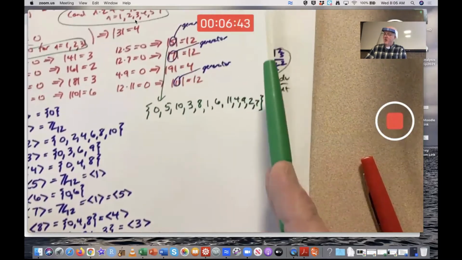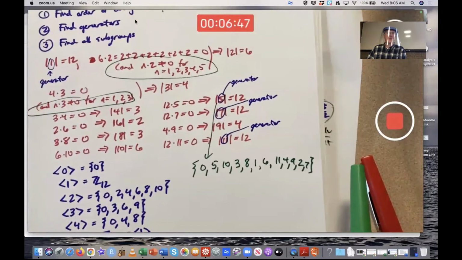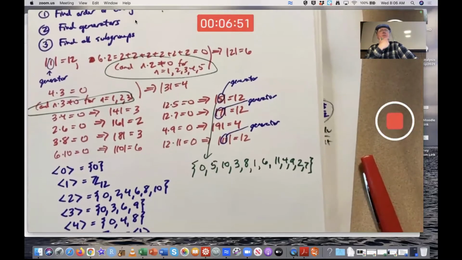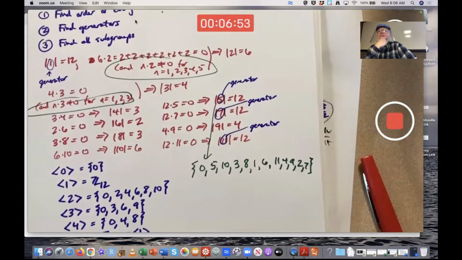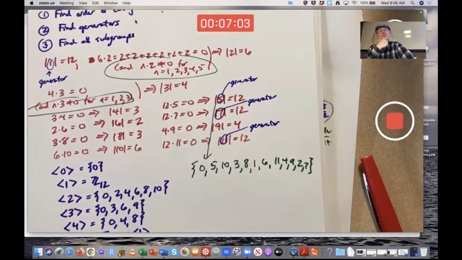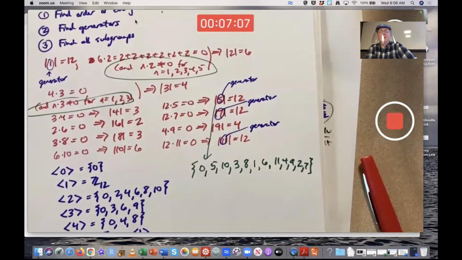The generators are 1, 5, 7, and 11. There's 4 generators. Hey, those are the positive numbers less than 12 that are relatively prime to 12. Those are the elements of U12. That's not a coincidence. The generators of Z12 are the elements of U12.